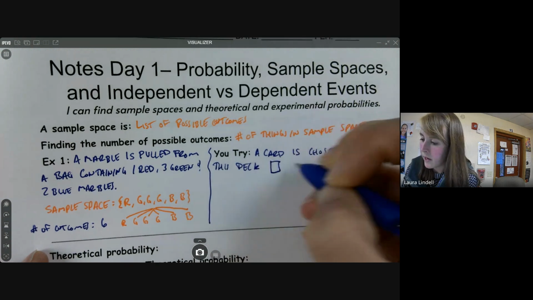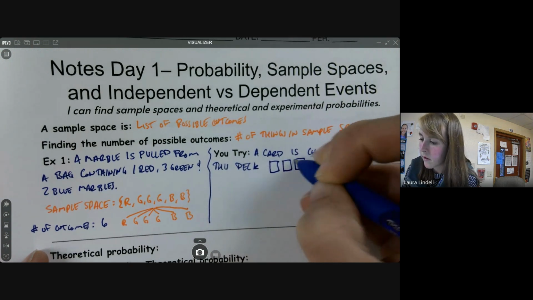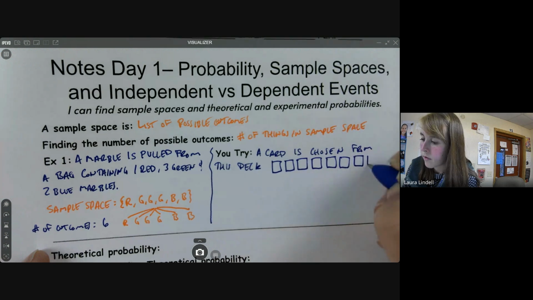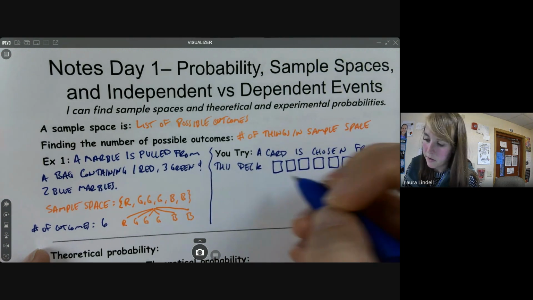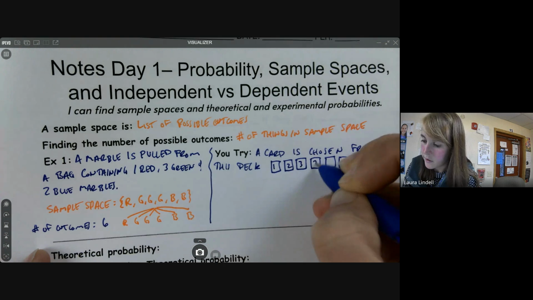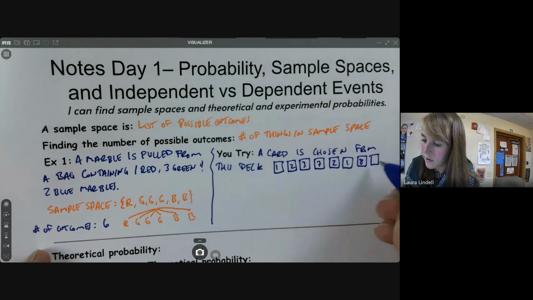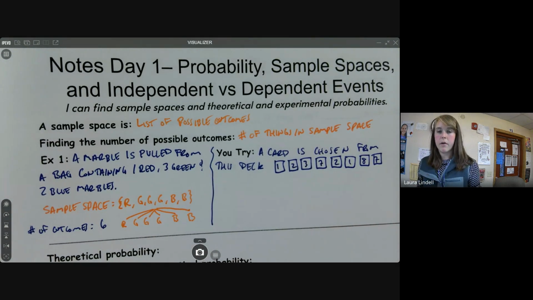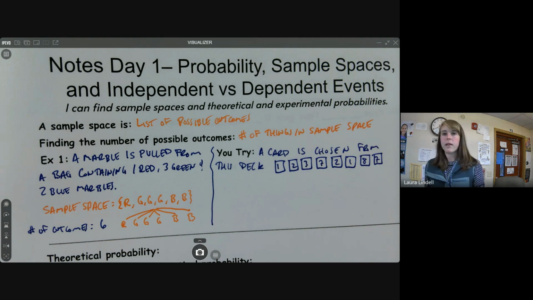This deck is going to have 8 cards in it, numbered 1, 2, 3, 7, 2, 1, 8, 7. All right, there's all your cards. We want to know what is your sample space, and then what is the number of possible outcomes. So now pause the video real quick, see if you can figure it out, then hit play again, and we'll talk about it.